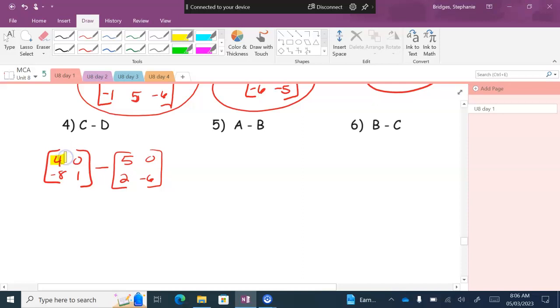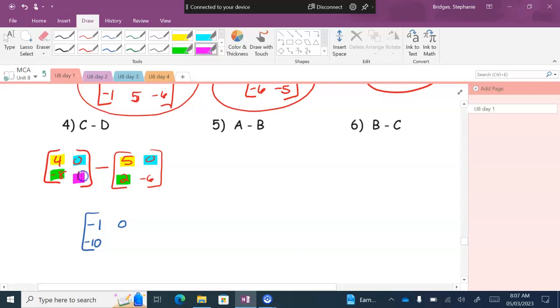We're going to go 4 minus 5. What's 4 minus 5 give us? -1. Okay. And then we're going to go 0 minus 0, which is 0. And then we're going to go -8 minus 2. -8 minus 2 is -10.